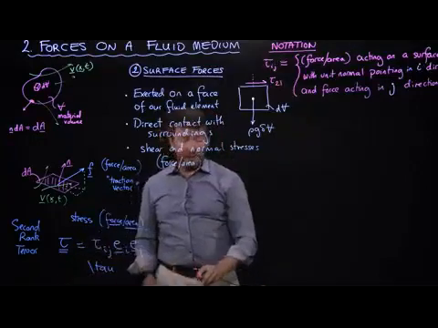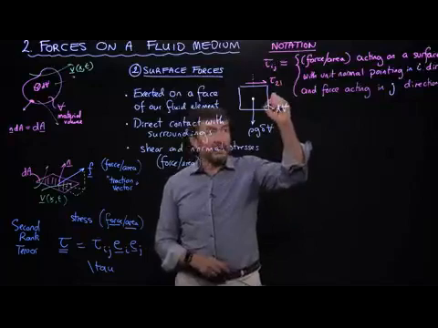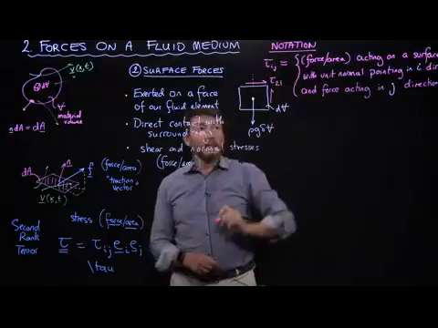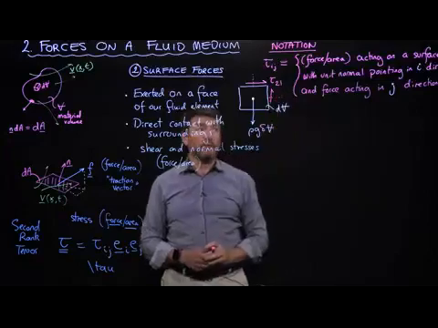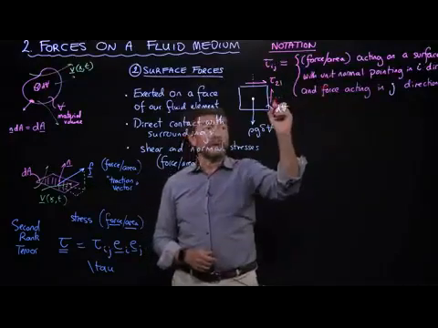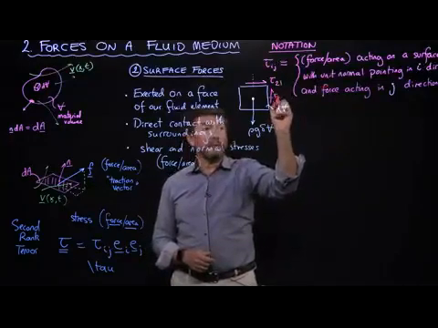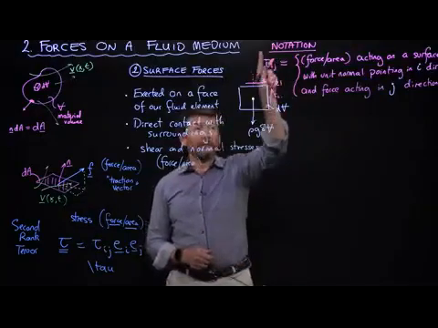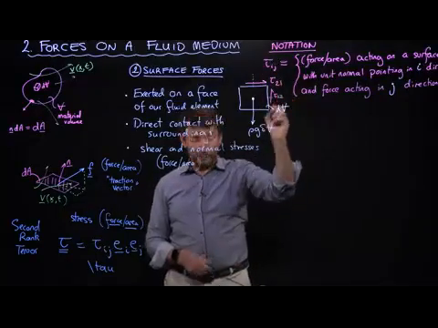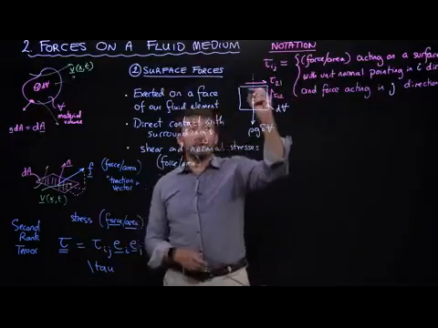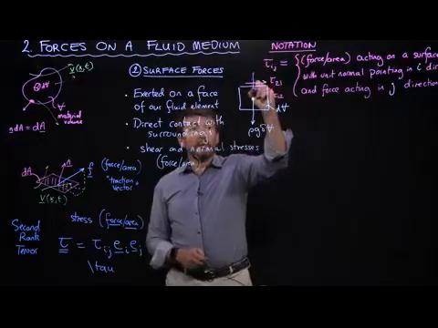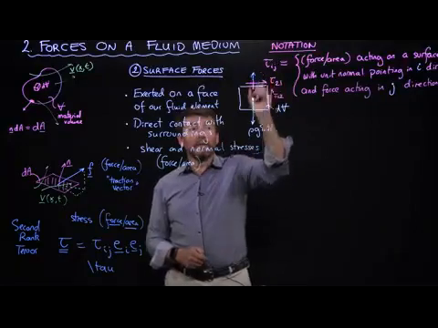Similarly, if we were to ask what is the contribution on this surface, now we would have a normal that is pointing in the 1 direction. So this would be tau with a 1, and the force itself is acting in the 2 direction. So this contribution would be tau 1,2. Alternatively, we might think about a force that is acting in this direction.